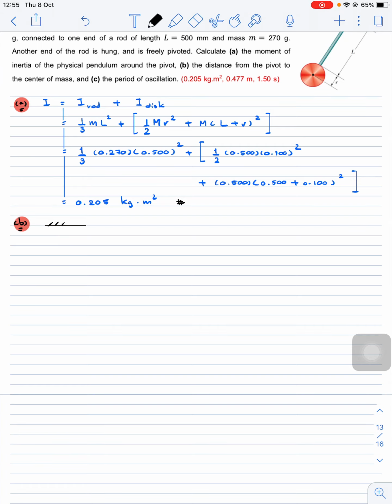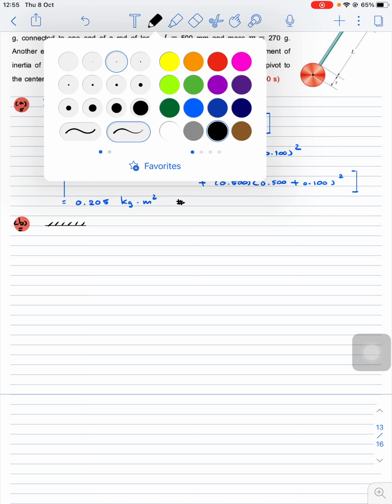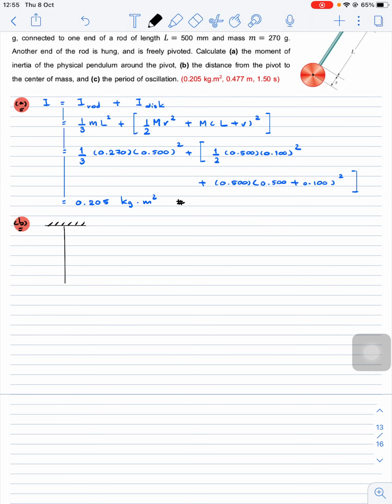So let's say that everything is aligned vertically like this. And we have the disk, something like this, right?